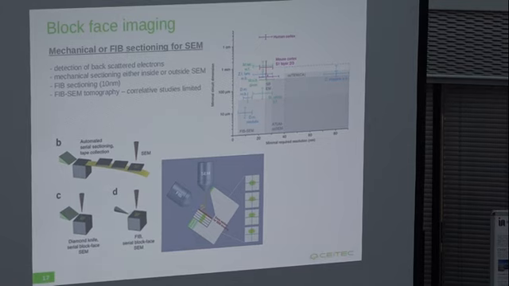image. So if your sample is a tissue and you need to image the whole large tissue, then mechanical slicing, either in combination with TEM or SEM, is probably preferable. Whereas if you're interested in looking into a single cell, then the combination of FIB with a scanning electron microscope might be easier.